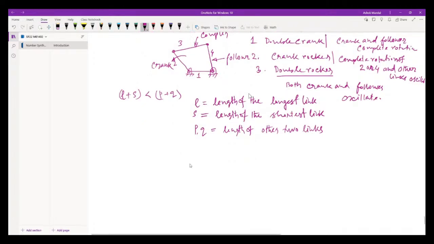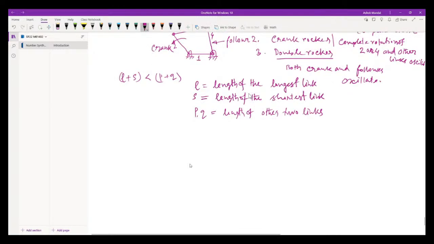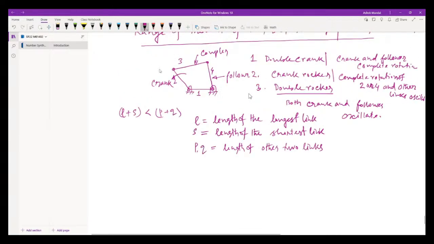All right. Now let us see the condition for complete rotation of these links with respect to link 1.